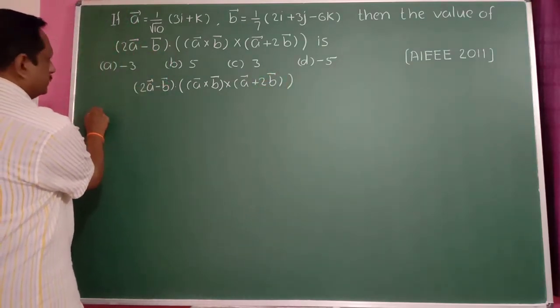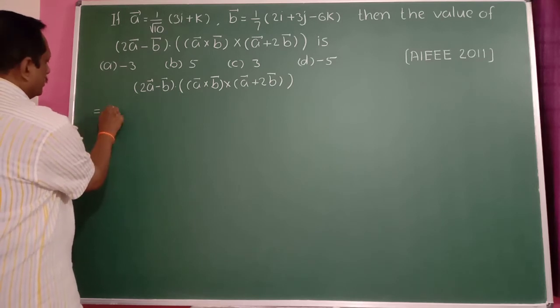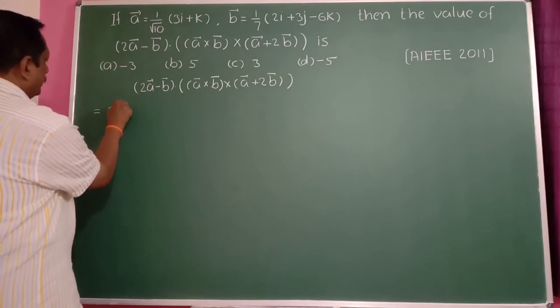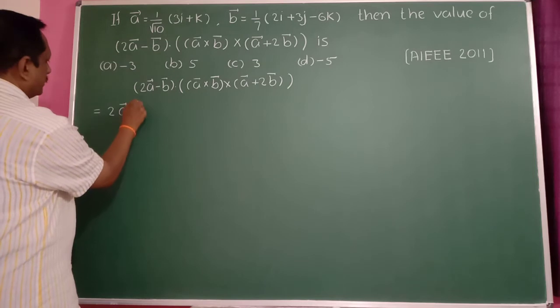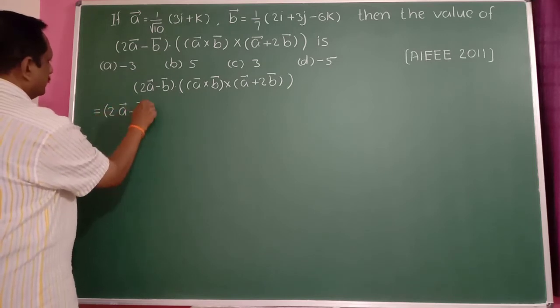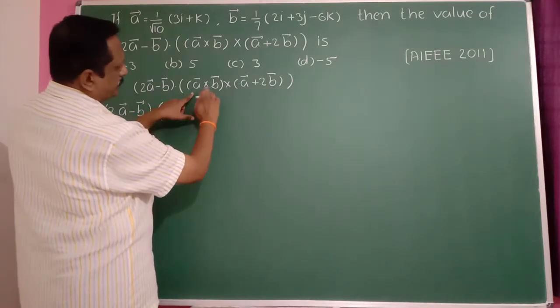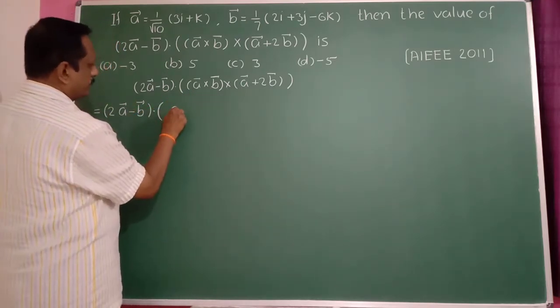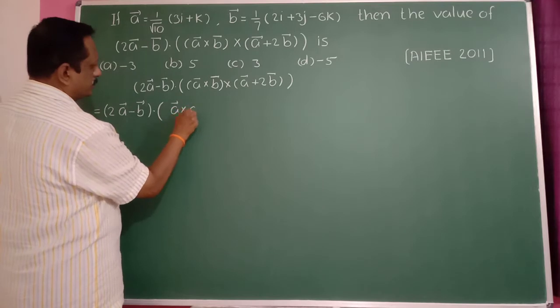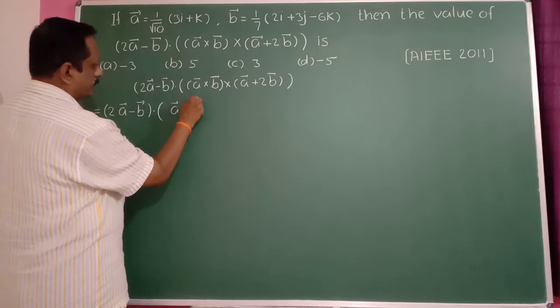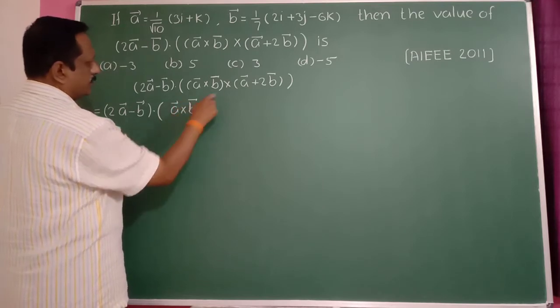This implies this equal to 2 into A bar minus B bar, keep as it is here. Then dot of, so A bar cross of this term here. So A bar cross B bar, A bar cross B bar cross of A bar.